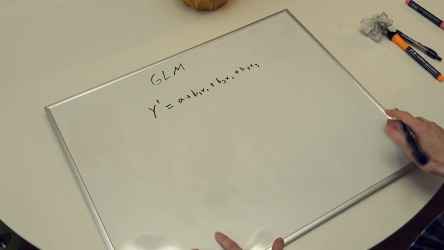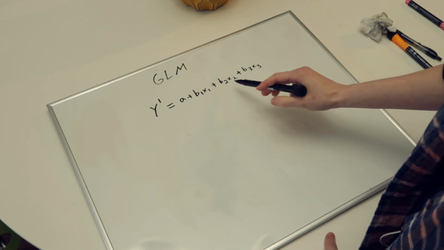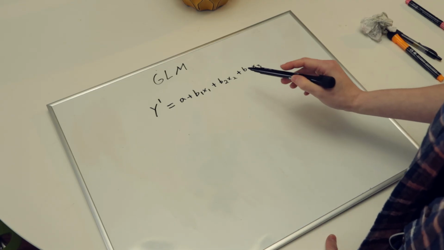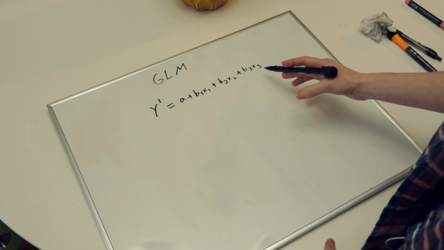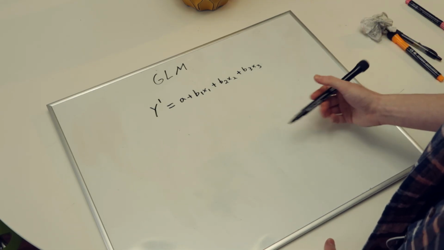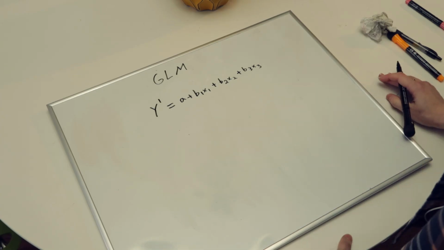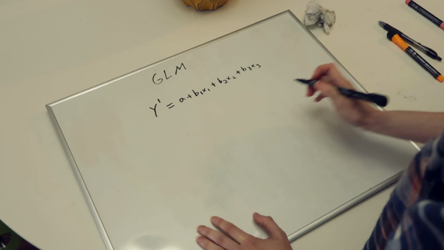Say on cognition, say we've got hours of sleep, cups of coffee drank that morning, and, I don't know, commute time to the testing location. I'm totally just making that up right now.